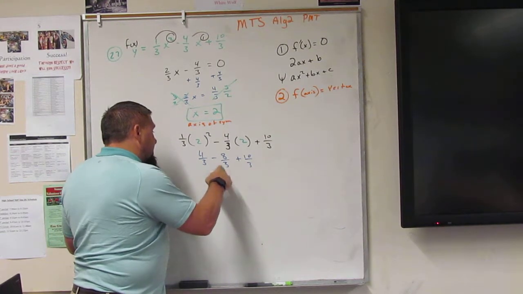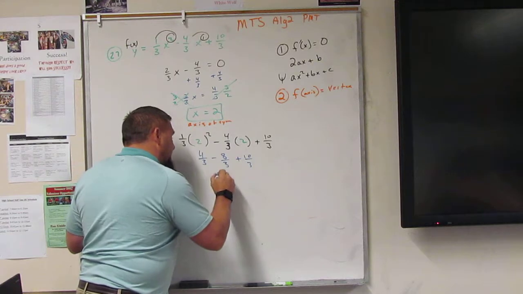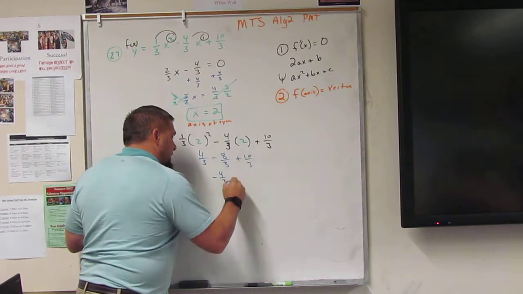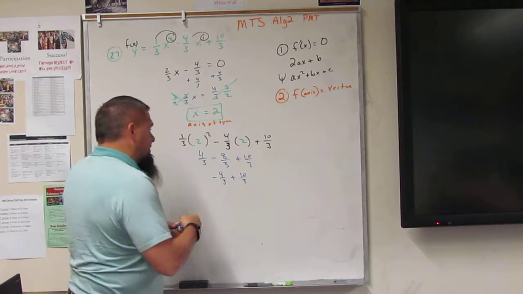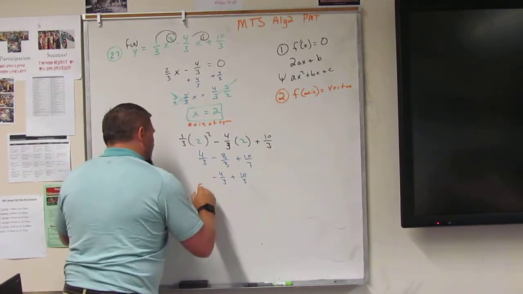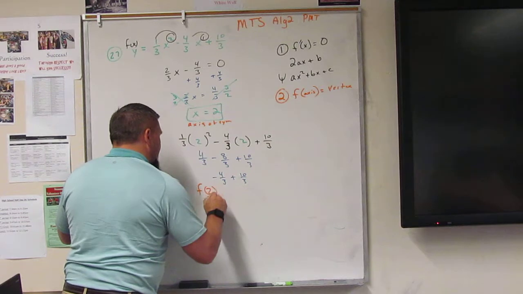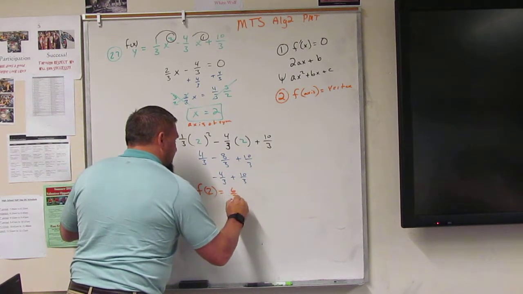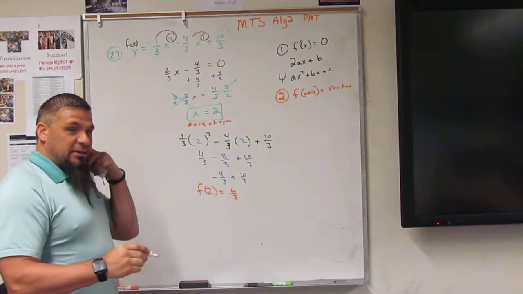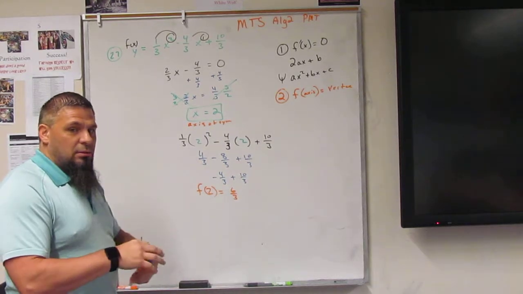So then I take this away from that and I get, hey, negative 4/3 and plus 10/3. And because they're all in thirds, this is really easy. So f of 2 is equal to 6/3. And what is 6/3? 2, yeah.